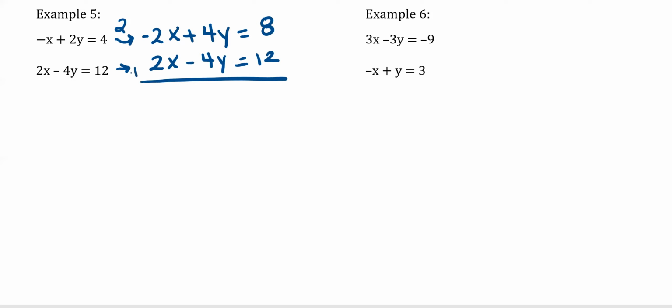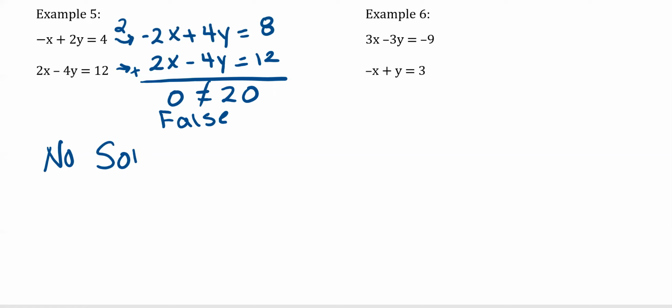When we add the two equations, we have 0 is equal to 20. Again, on what planet is this true? It is not. This is false. The variable has been eliminated, and what is left is false. 0 does not equal 20. So we know that this system has no solution, which means the lines are parallel.